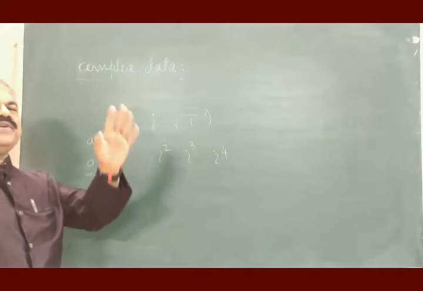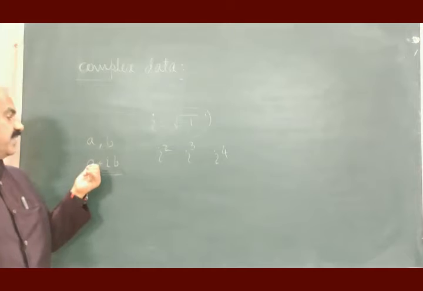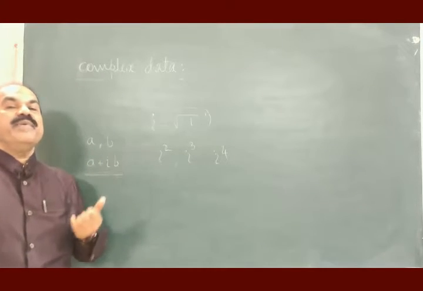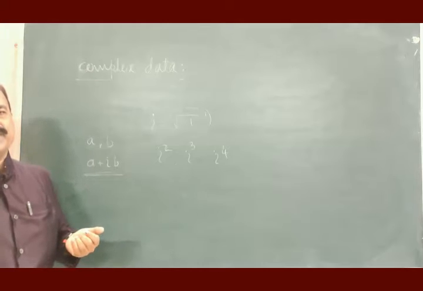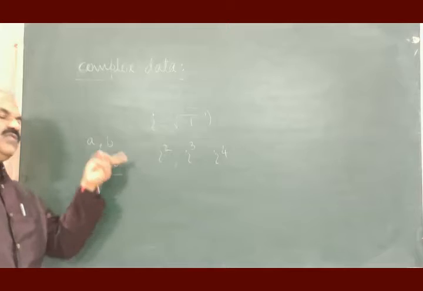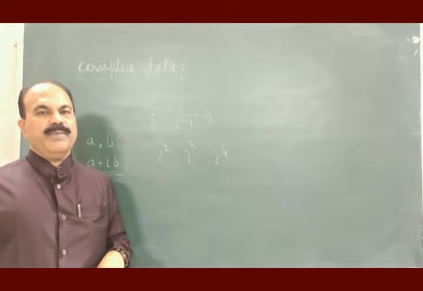A plus IB is a complex number where A is real part, IB is imaginary part. Real part plus imaginary part will give us the complex number.